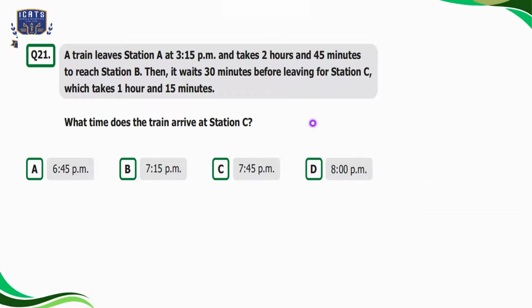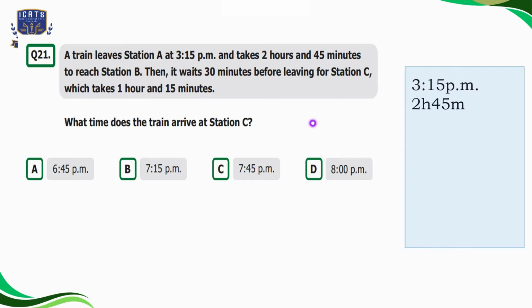The starting time is 3:15 p.m. and it takes 2 hours and 45 minutes for the train to reach station B. If we add 2 hours and 45 minutes to 3:15 p.m., it means the train will reach station B at 6 p.m. Now it waits 30 minutes before leaving for station C, and then it takes 1 hour and 15 minutes.